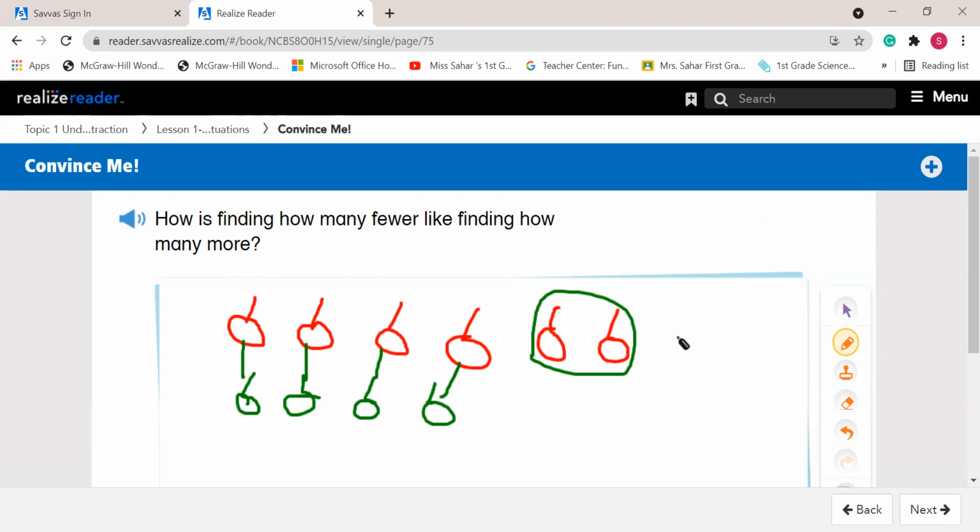Emma has 2 more, but Beth has 2 fewer. So Beth has 2 fewer apples than Emma.